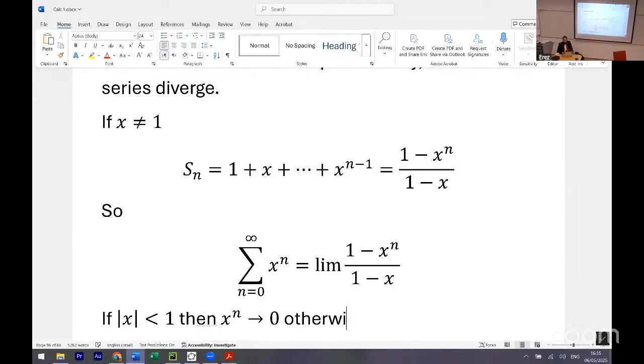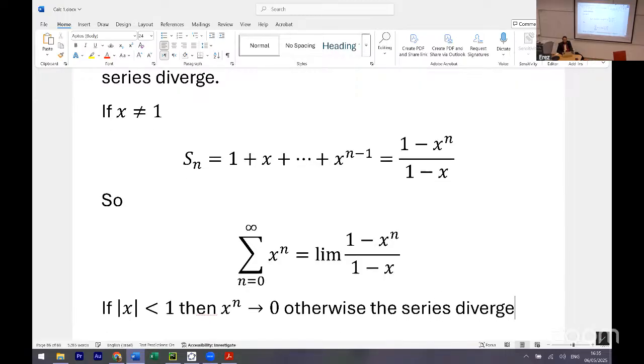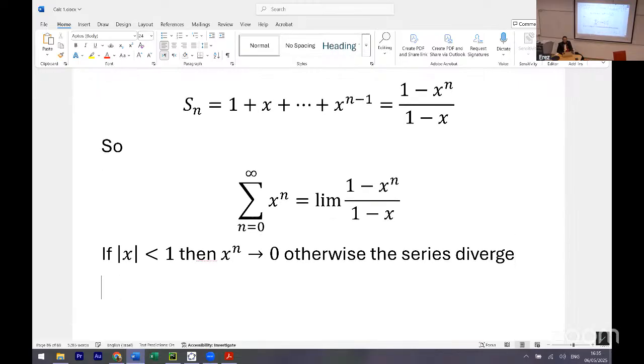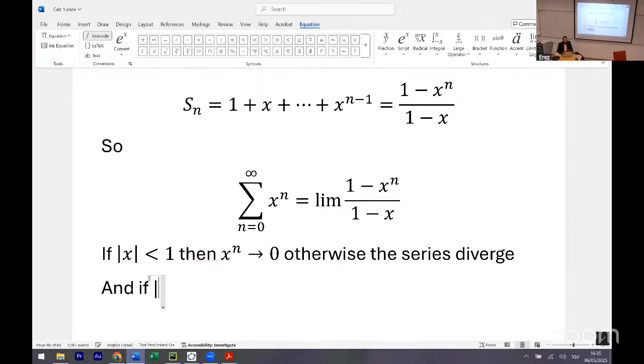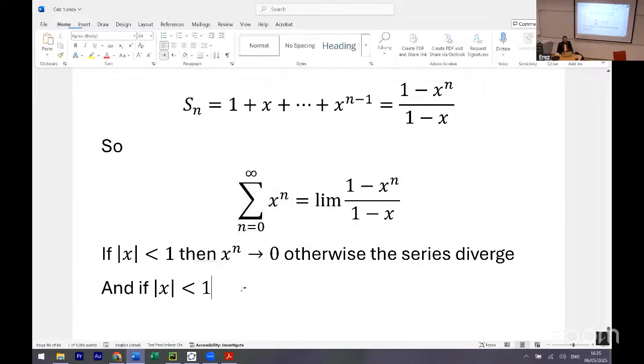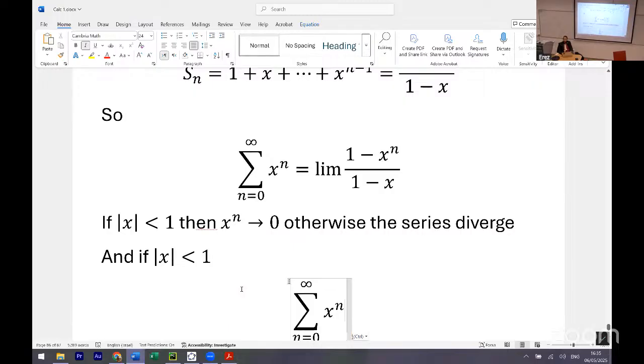Otherwise, the series diverges, not exactly because of the negative numbers, it could jump, and at -1 it also jumps, but otherwise it diverges. And if x is smaller than 1, then the infinite sum, the infinite series tends to what? What is the limit?